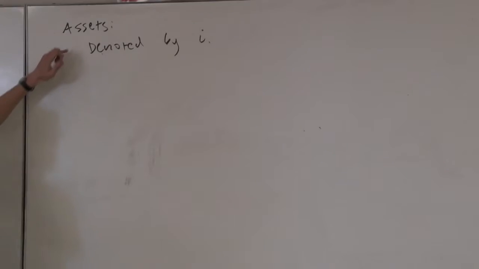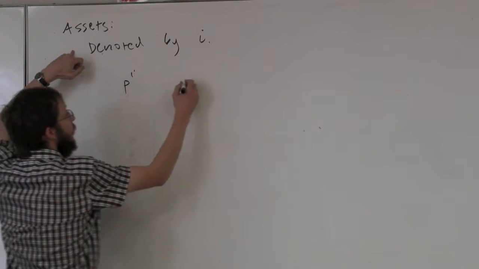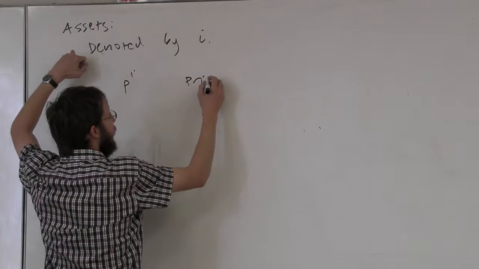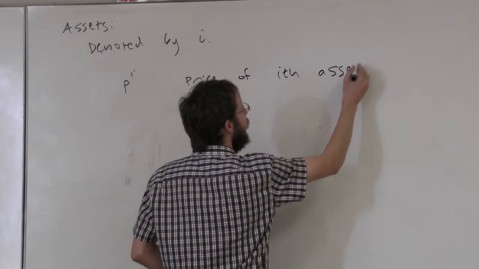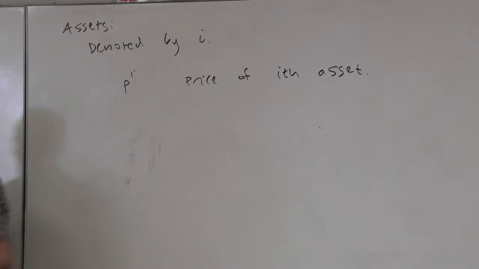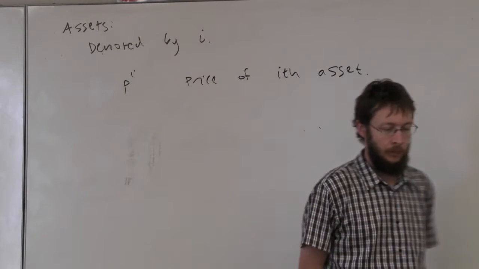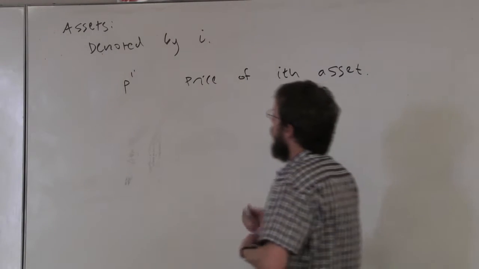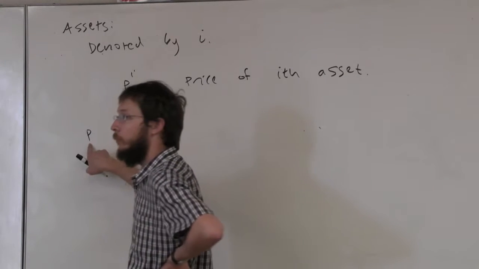So assets are denoted by i, so P_i is the price of the ith asset. And then we can also label the time that we're talking about.